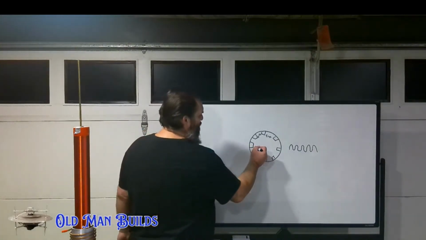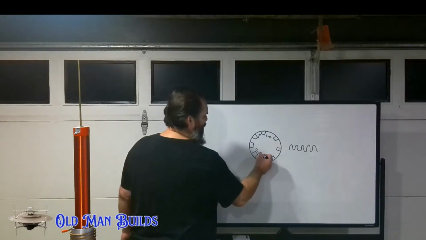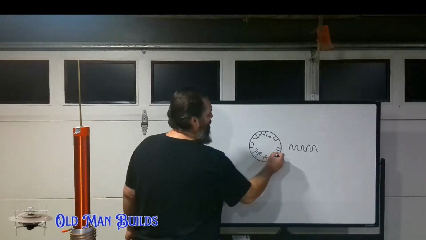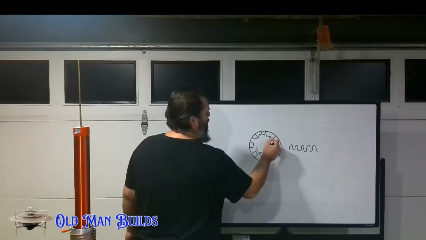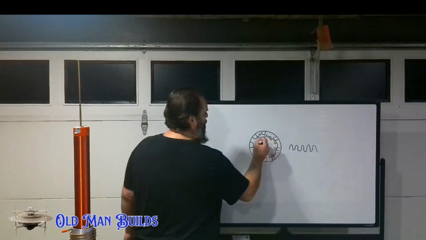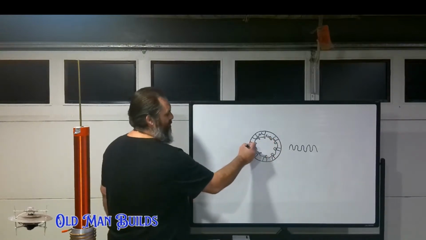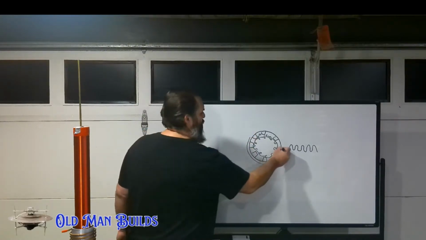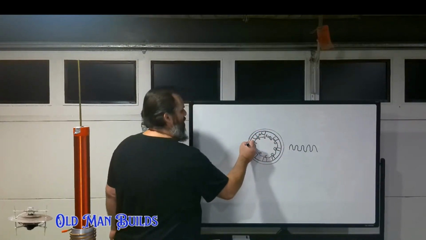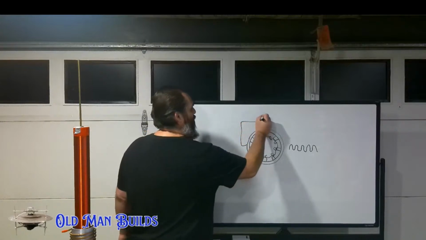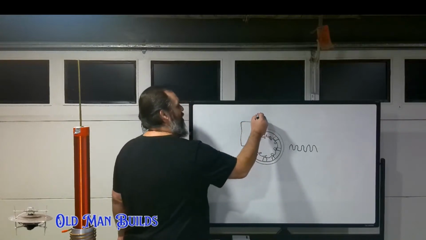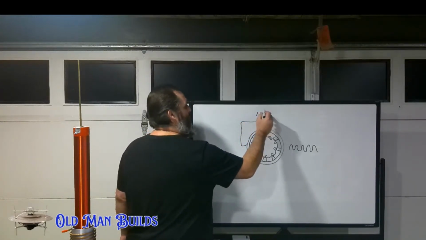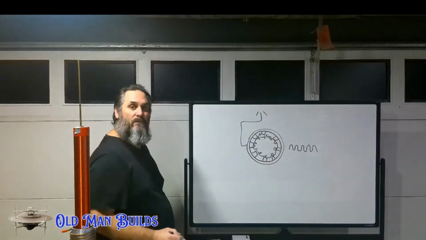You go, okay, we have this little shape here. It goes around like this to every one. And then we tap this right here, and it comes out to our microwave, right?